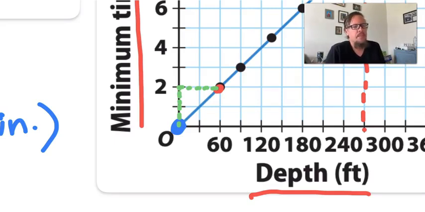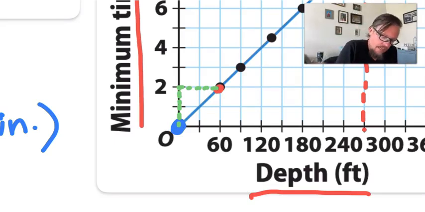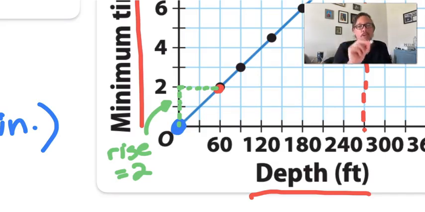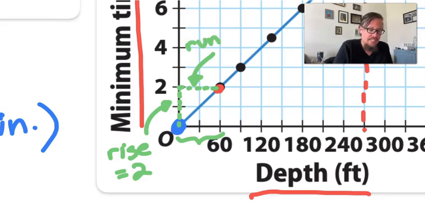So the rise, obviously, is going to be 2, because I went up 2. It looks like the run is also 2 because I'm going over 2 squares, but I'm not counting by 2's on the x-axis. I'm counting by 30's. So when I go over 2 squares, I'm actually going over a total of 60.